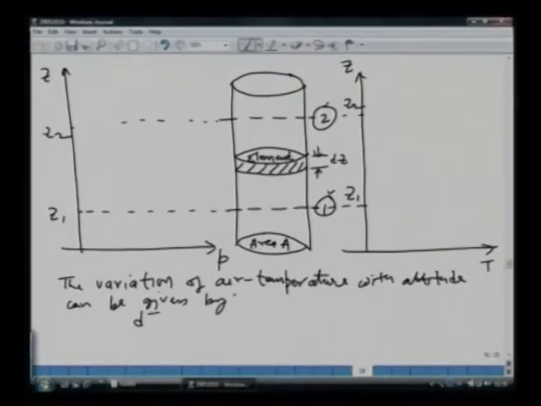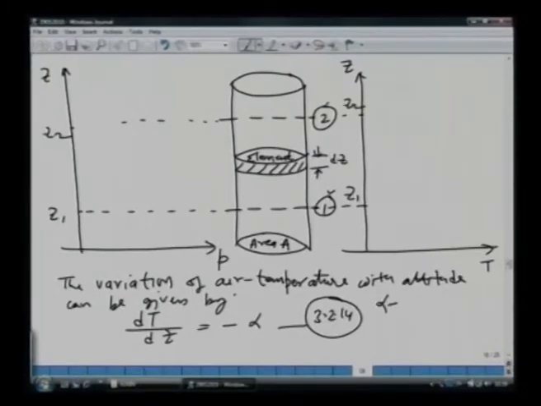That is dT over dz is equal to negative alpha, and I am going to number this equation as 3.2.14, where alpha is what is called the lapse rate.